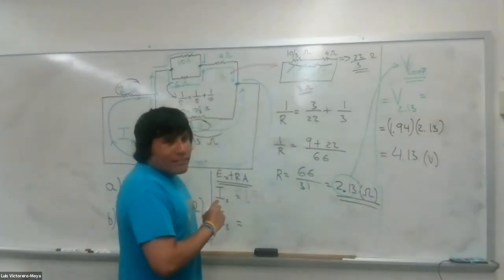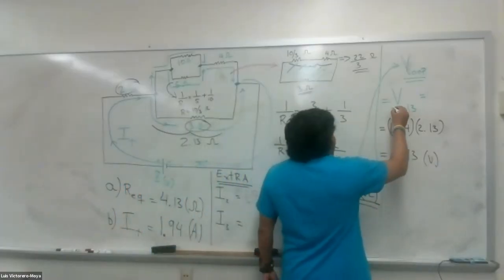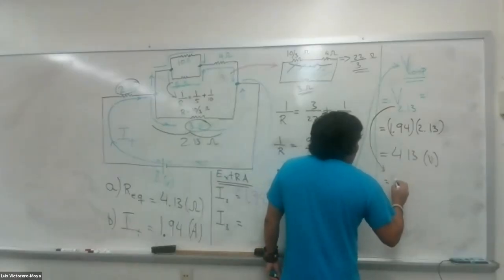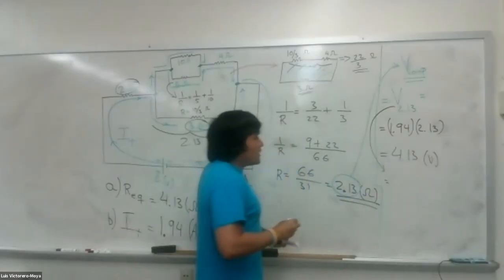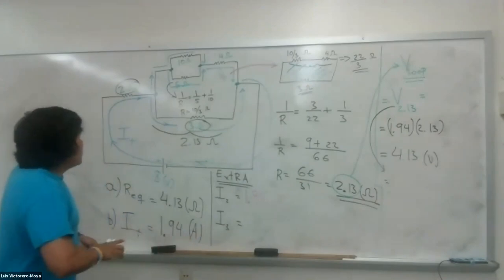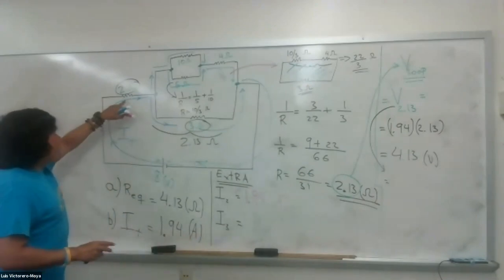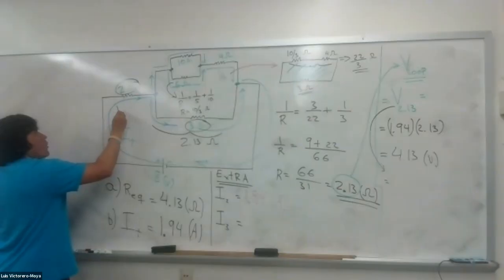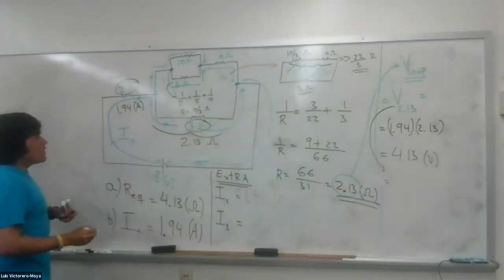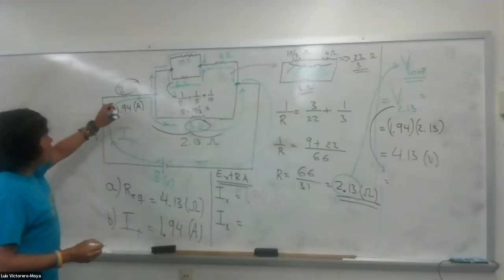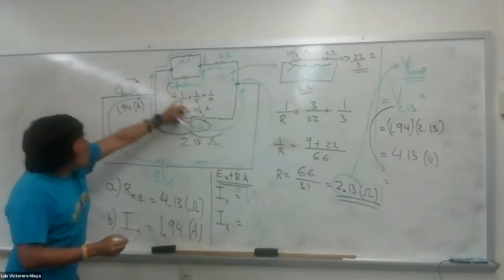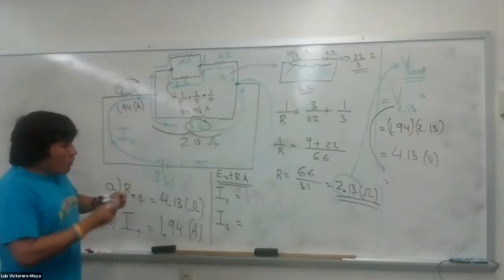What's the other way to know this guy? So how do you know that that's 4.13? Easy. The current here, as you said, was 1.94 amperes. By conservation of energy and charge, the total voltage of these two, the loop and this resistor, has to be 8 volts.